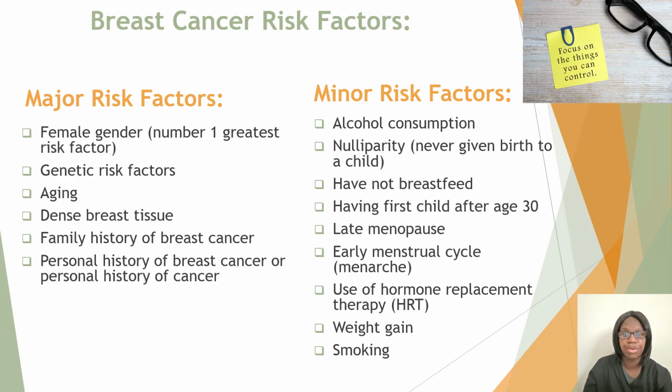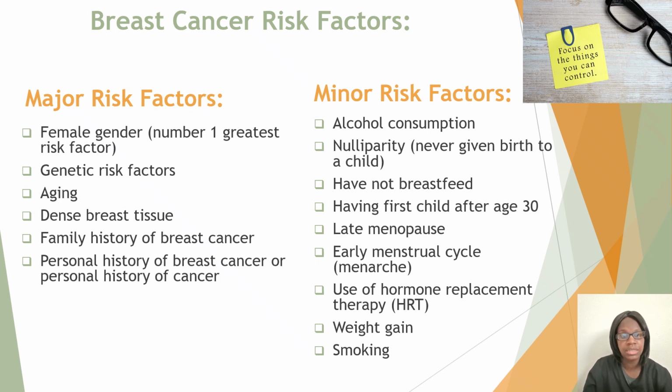Okay, now we have our breast cancer risk factors. For your major risk factors, female gender is the number one greatest risk factor. I'll say it again. Female gender is the number one greatest risk factor. And then you also have genetic risk factors, whenever patients are positive for the BRCA1, BRCA2 gene, then you have your CHEK2 gene.